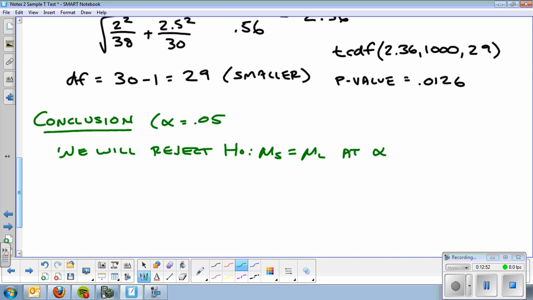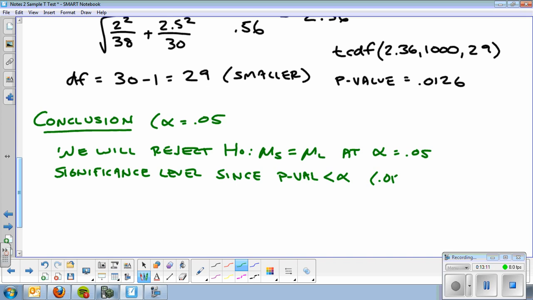At alpha equals 0.05 significance level, since the p-value is less than alpha. 0.0126 is less than 0.05.